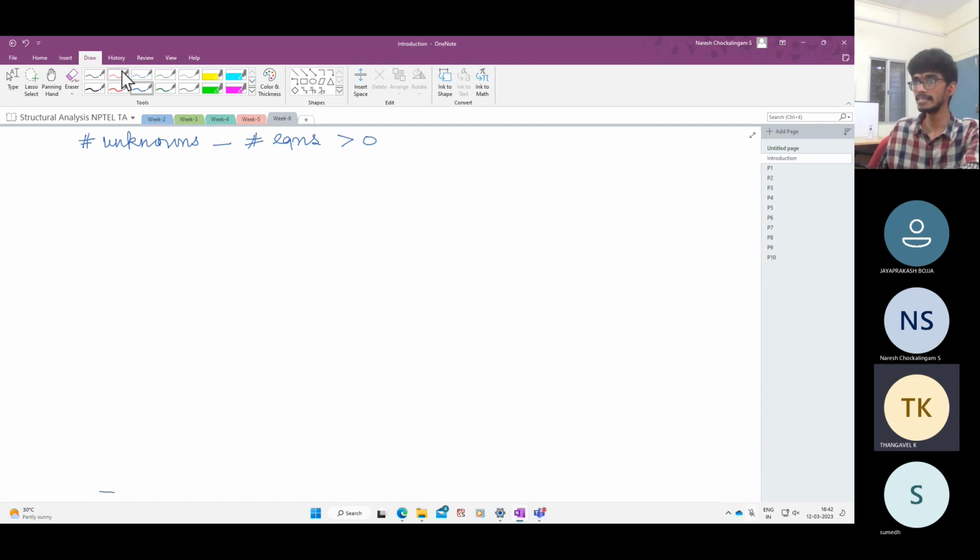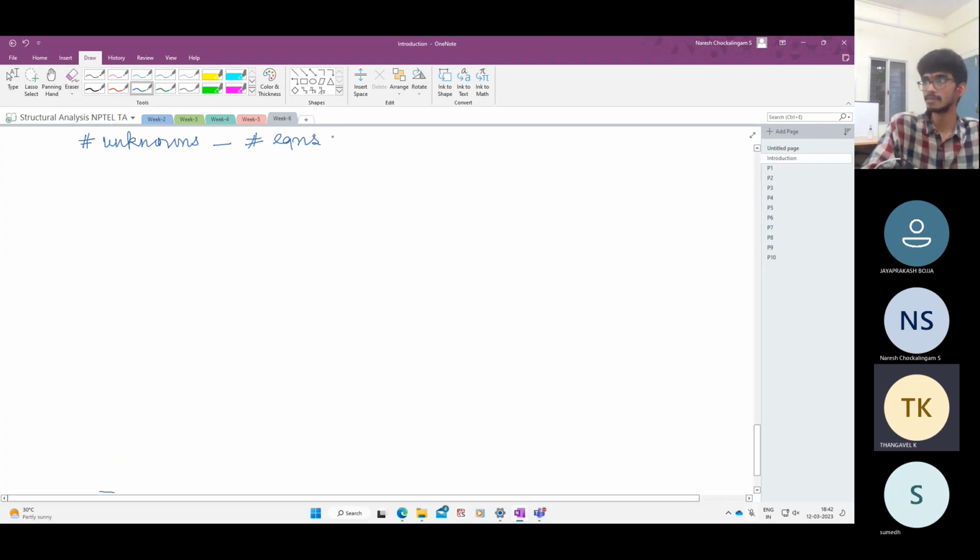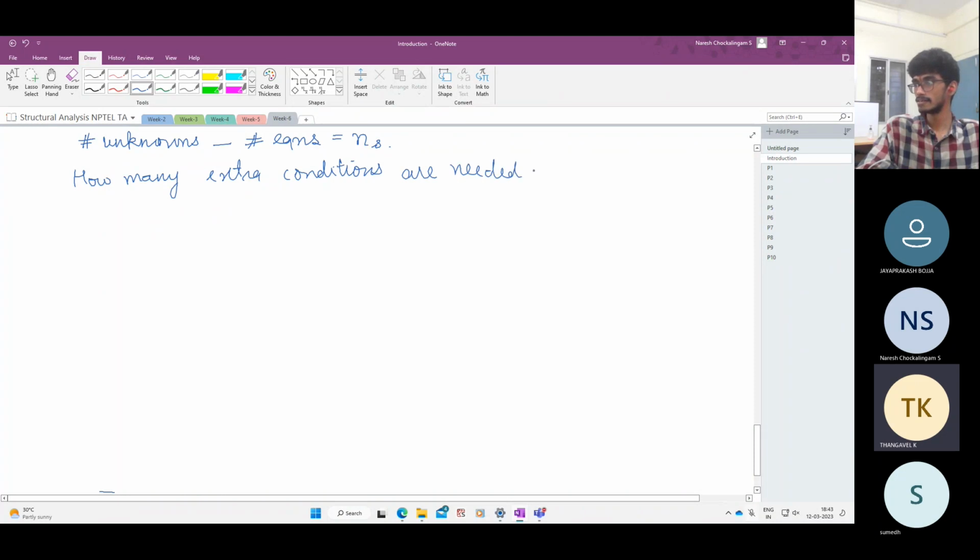Now the difference itself, let us call it the degree of static indeterminacy. So how many extra conditions or equations are needed? That is degree of static indeterminacy.